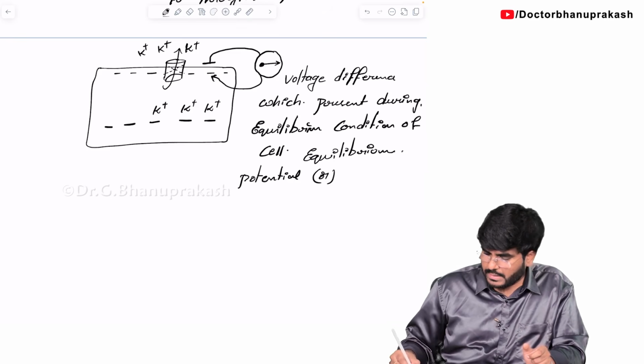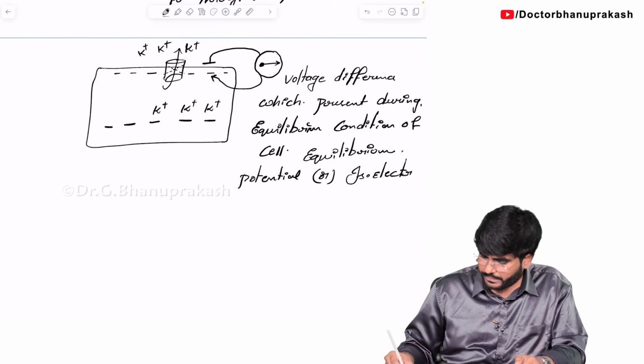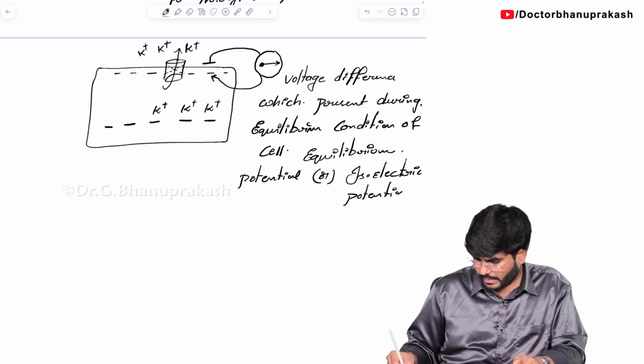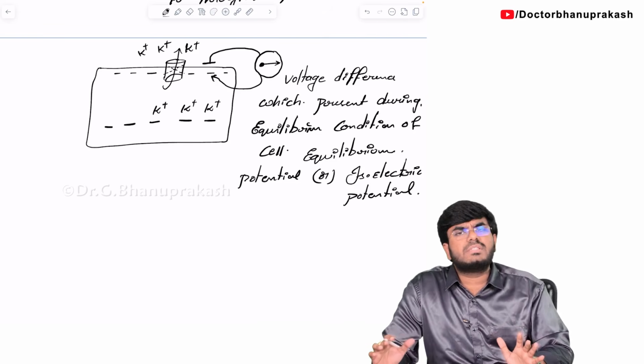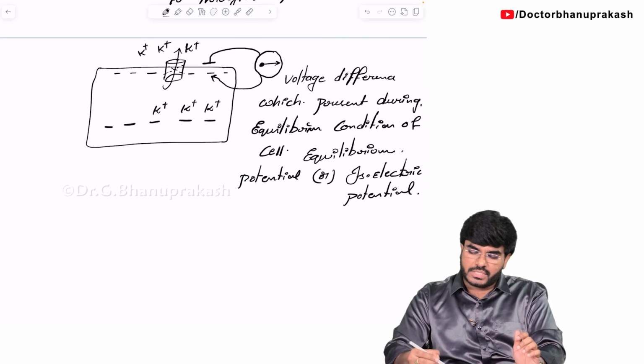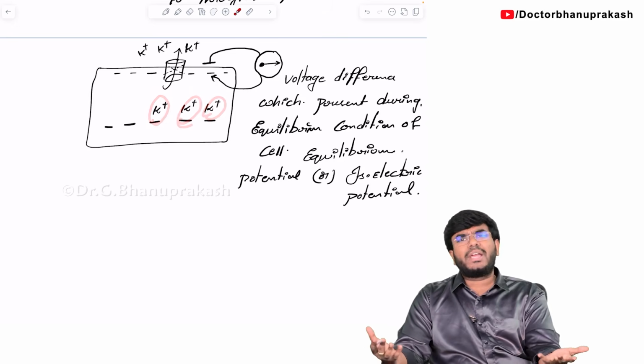Also called isoelectric potential. Okay, guys, don't confuse this with the resting membrane potential, because resting membrane potential is different and equilibrium potentials are different. Why? Because right now I am only talking about one ion, potassium.